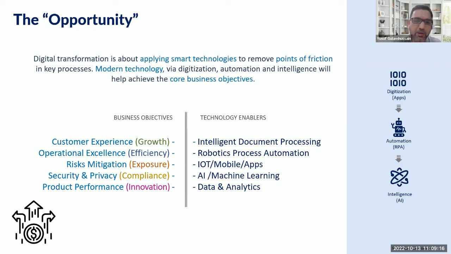How do I get more efficient? That is a key focus. And then there are others: mitigating risk, data security and privacy, and coming up with new product ideas based on data and analysis, right? And a little bit later in the webinar, we will touch upon some of the analytics that can truly drive these five business objectives.